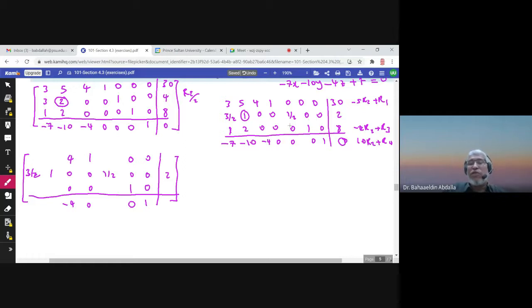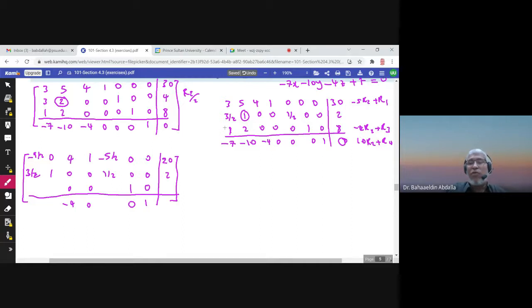And let us finish the first row. Negative 5, negative 15 over 2 plus 3. Negative 15 over 2 plus 6 over 2, we will have negative 9 over 2. Negative 5 plus 5 is 0. Negative 5 over 2 plus 0. Negative 10 plus 30.